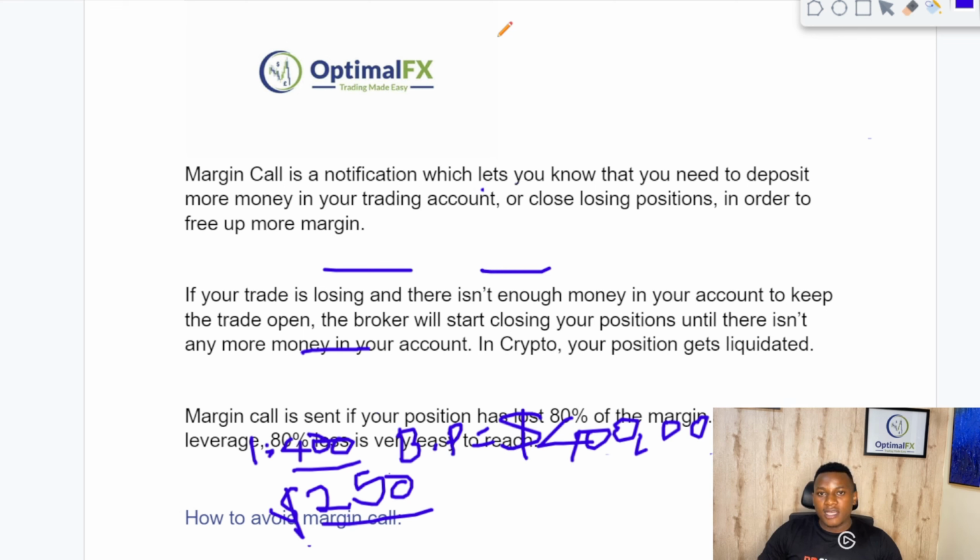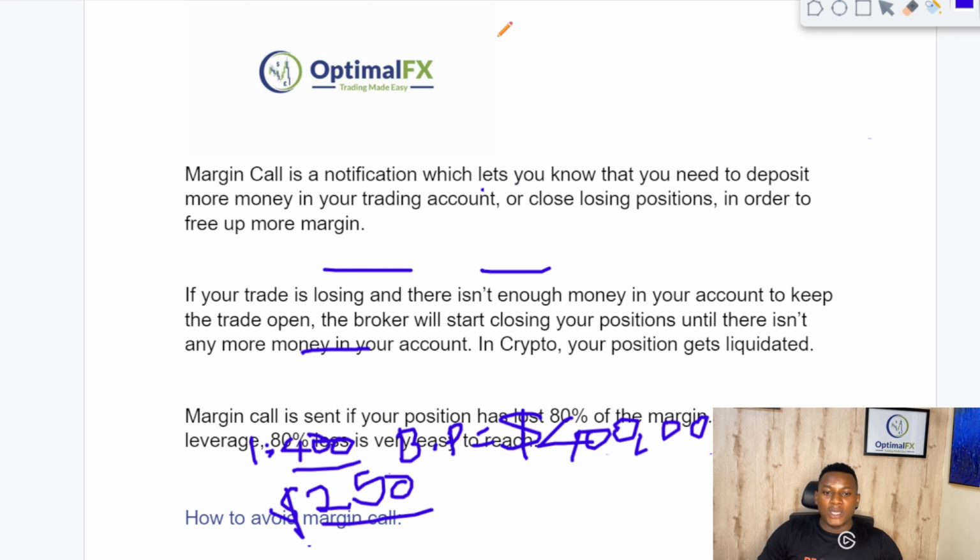Now, after this happens, let's say that trade goes against you, you lose that trade. Let's say you lose $250 of that trade. That means your position now is no longer one standard lot. Rather, your broker will start closing positions. So your broker will close that position from one standard lot to 0.75.